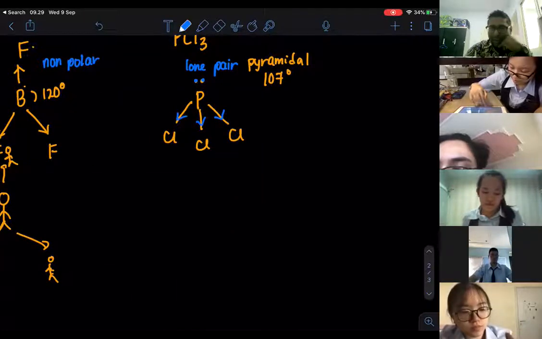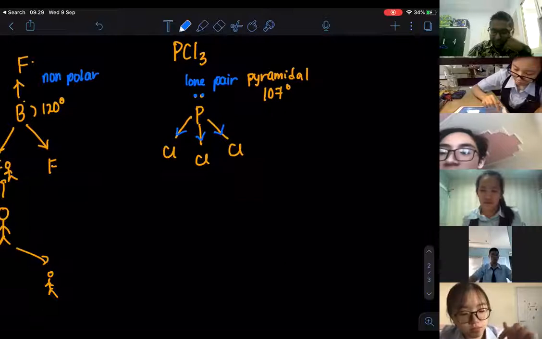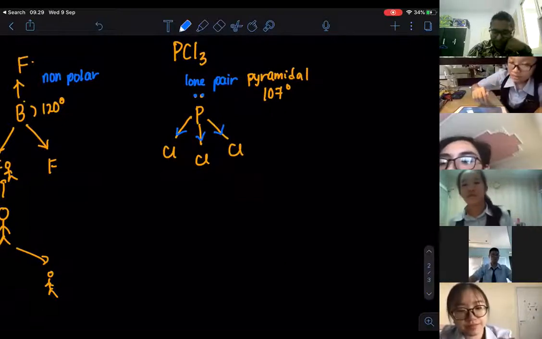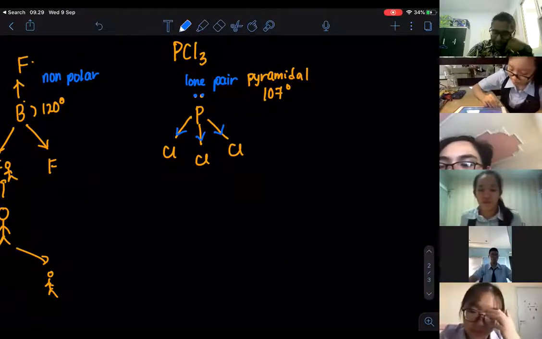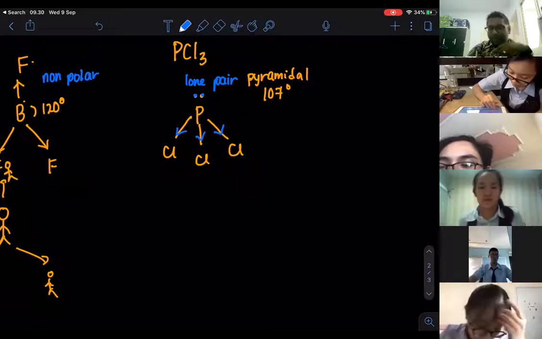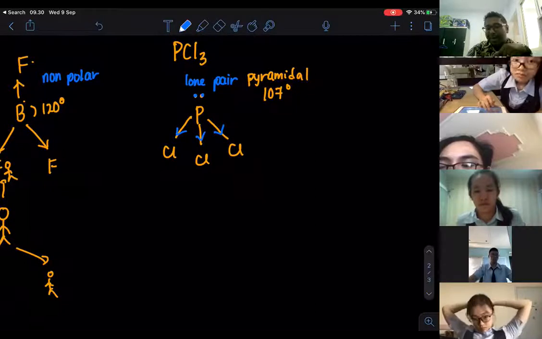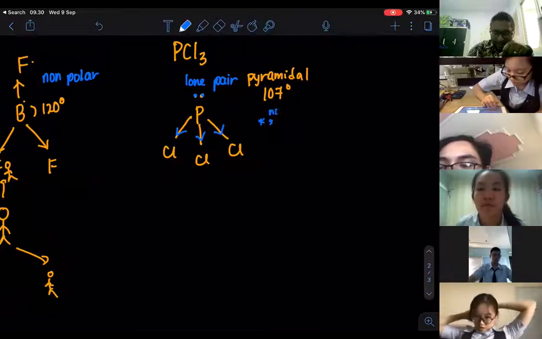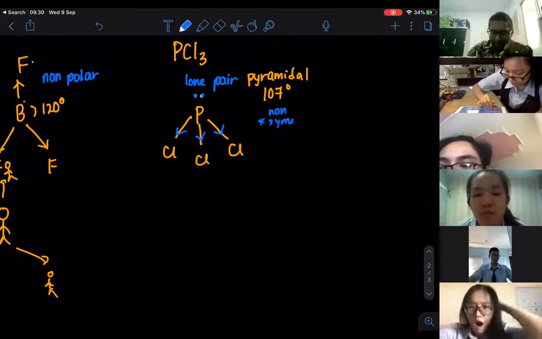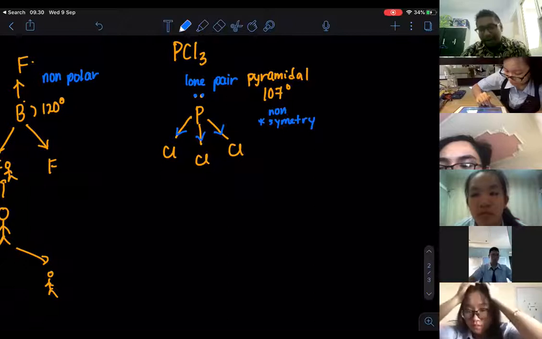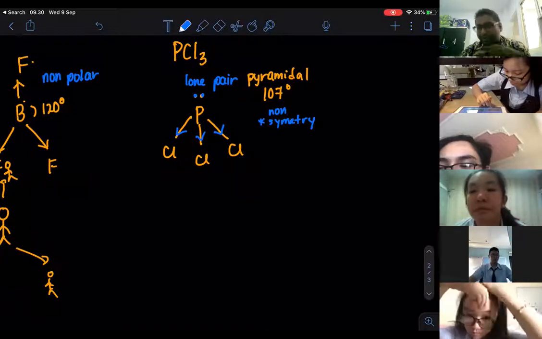Imagine there are 3 people pulling the electrons, and they are not going to be symmetrical. And then there are also electrons over here. Since it's not symmetrical and there is a lone pair, the presence of the lone pair makes the molecule non-symmetrical.